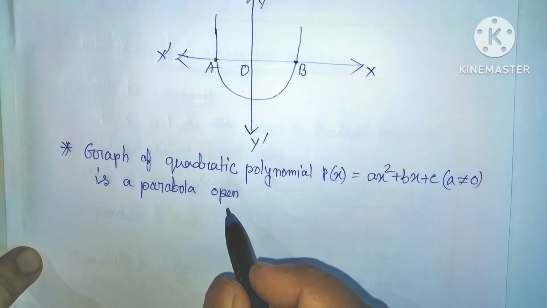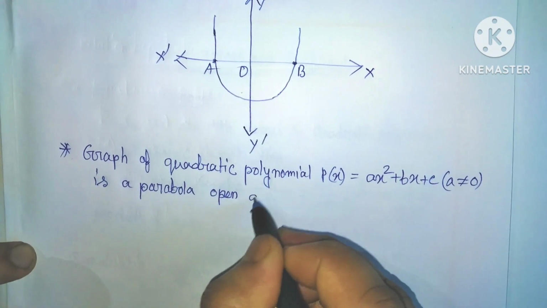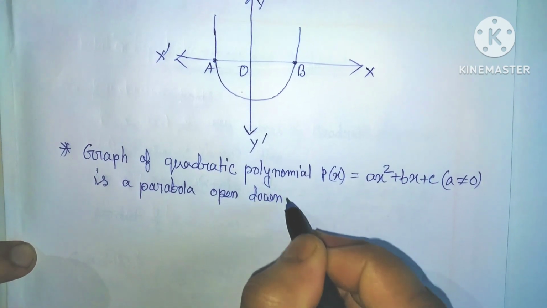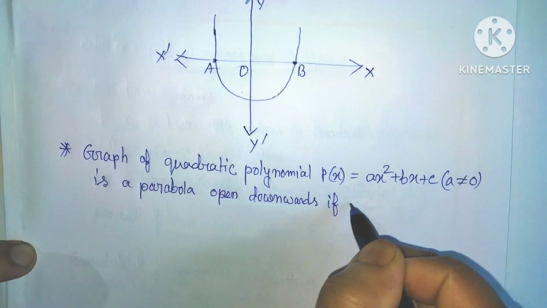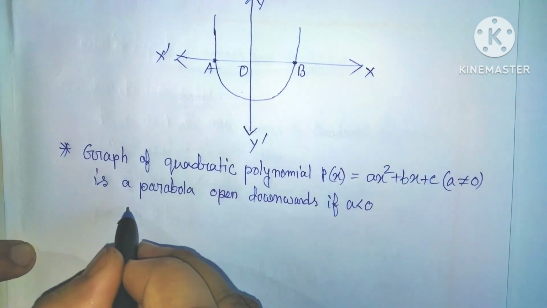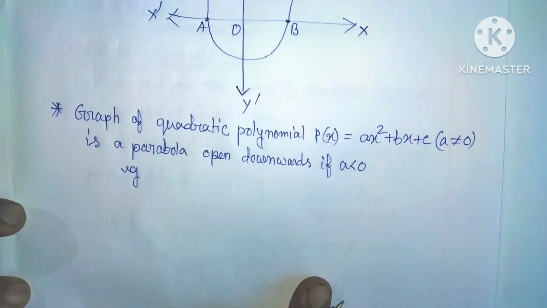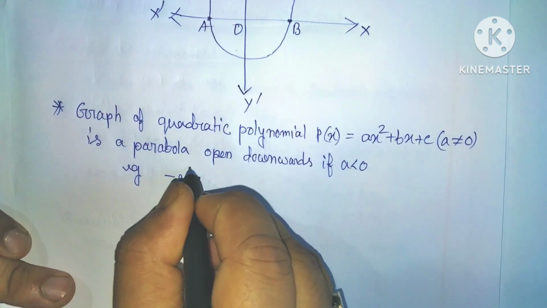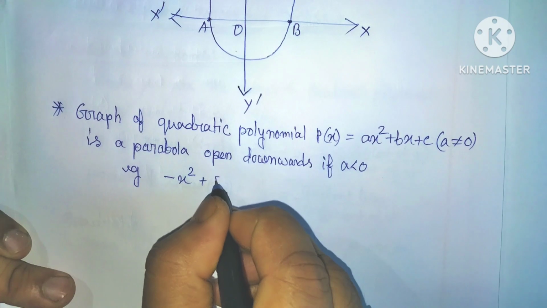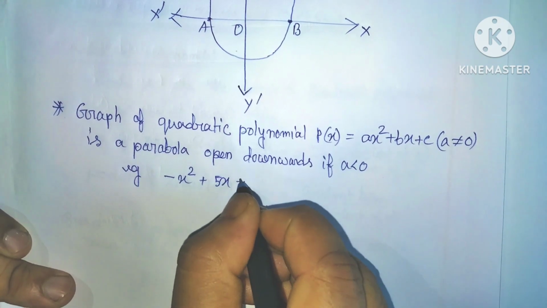Suppose a less than 0, then it opens downwards. For example, minus x square plus 5x plus 1.